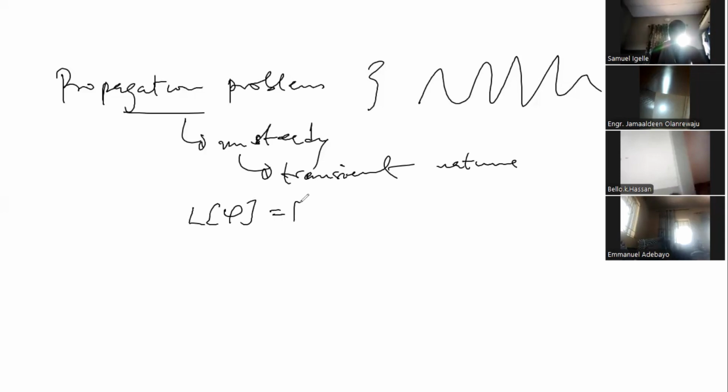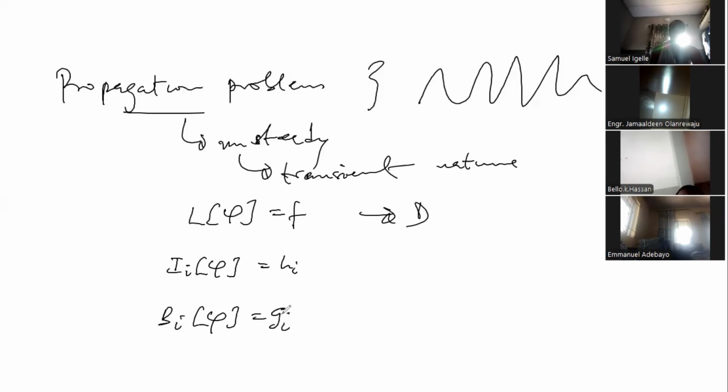say L of phi being the same as F, still within the domain D, when the initial value is described as I sub I of phi being the same as H sub I. And this is also subject to some prescribed conditions, B sub I of phi being the same as G sub I. And the integration domain D, in this case, is open.